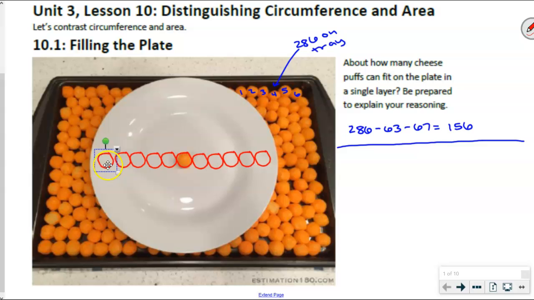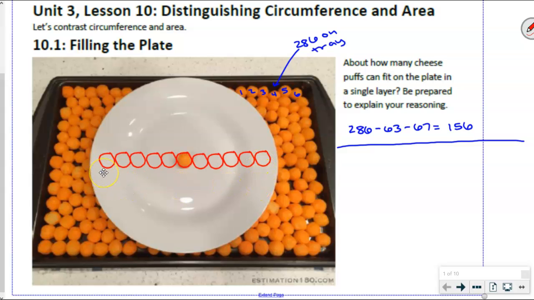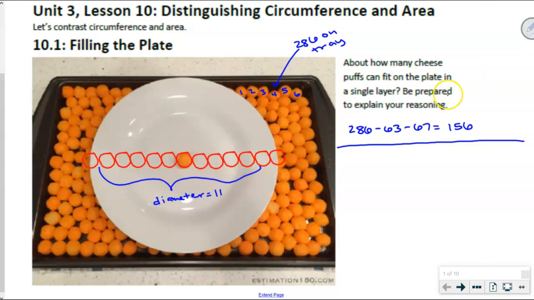What's the diameter according to this? 1, 2, 3, 4, 5, 6, 7, 8, 9, 10, 11. And you said you got 11, right? Okay. Now with a diameter of 11, and yes, using technology, I can see I've got like half of a cheese ball here and half of a cheese ball here, but Sophie said a diameter of 11 with her drawn cheese balls. What would I do with that diameter to continue this problem?